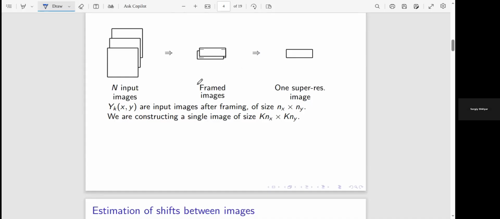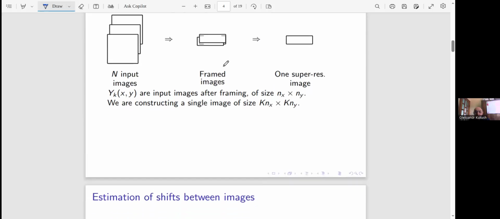At this stage we have n images of the same size, nx times ny, shifted one relative to another by a distance less than 1 or 2 pixels at most.